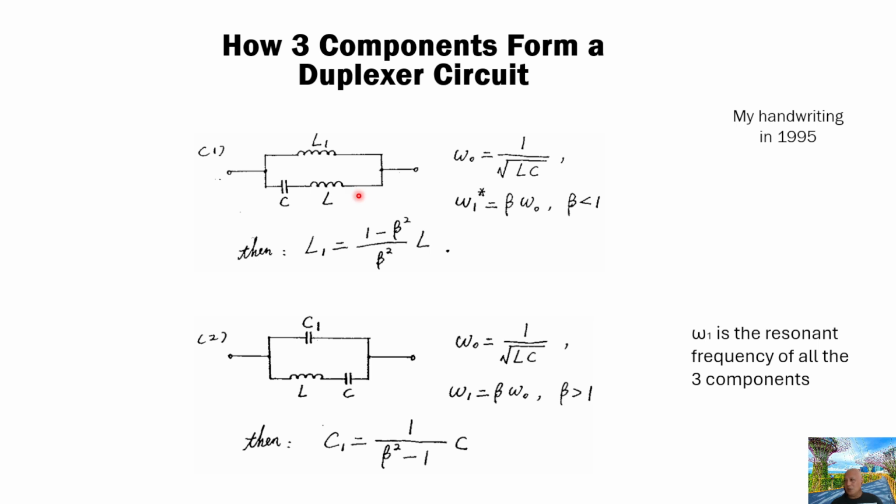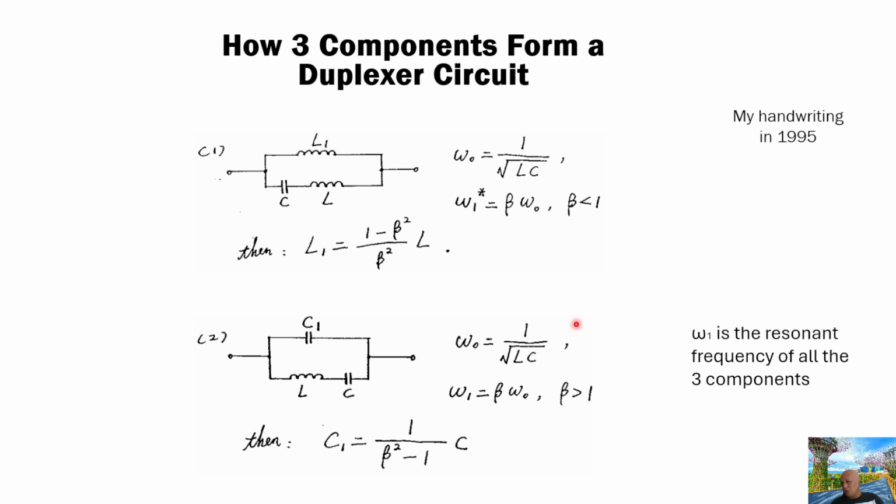And then we need to stop the transmitter frequency power. So if the transmitter frequency is lower than the receiver frequency, which means omega 1 equals beta omega 0, beta less than 1, we can calculate the inductor here with this value. So this is the inductor we need here.